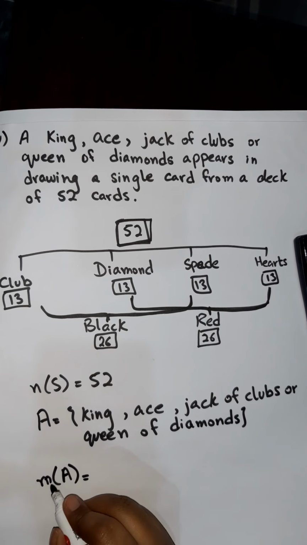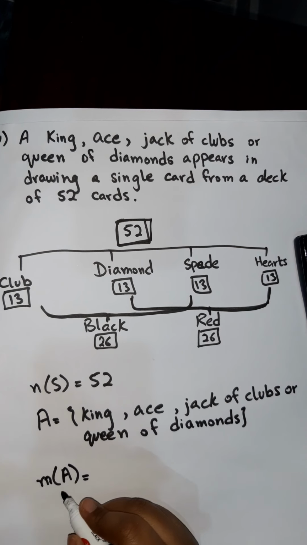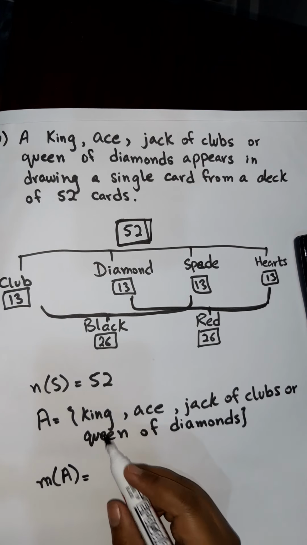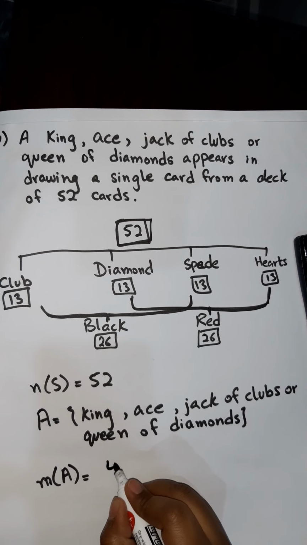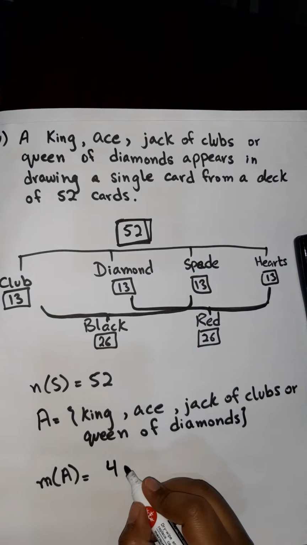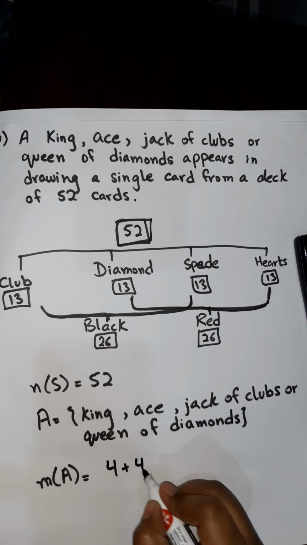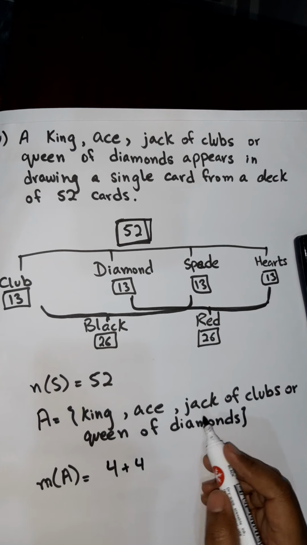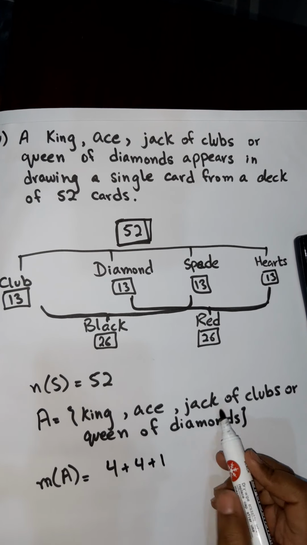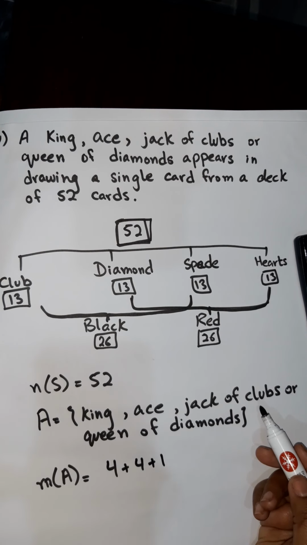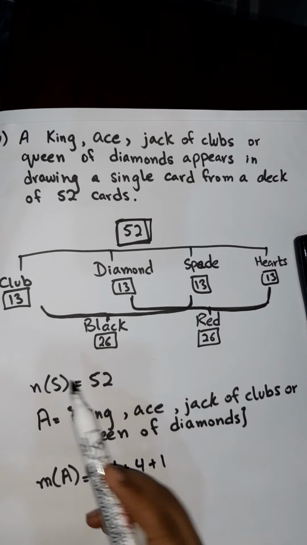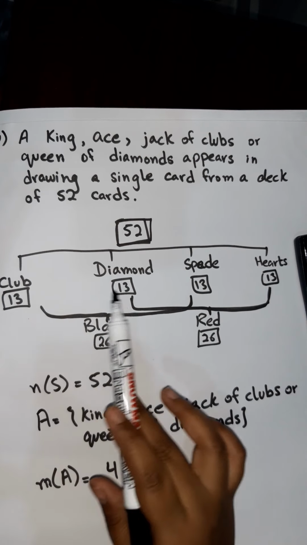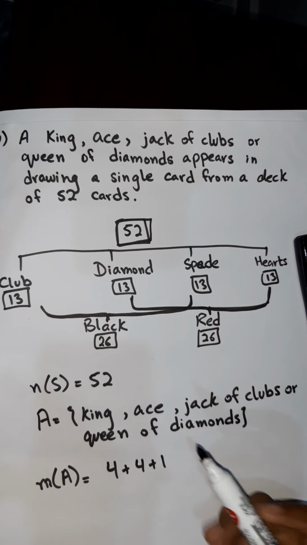Now for the total number of outcomes in A, we will write, here are 4 kings, so we can write 4 for the kings, plus in these 52 cards there are 4 aces, but there is only one jack of club, because in every division of these cards or in each set there is only one jack.